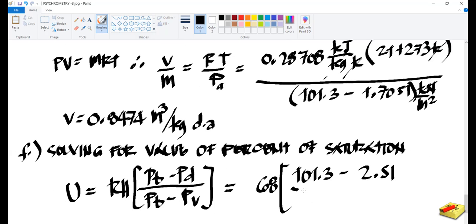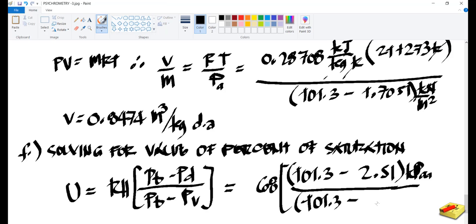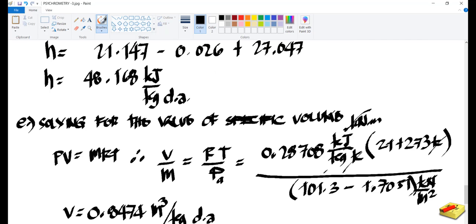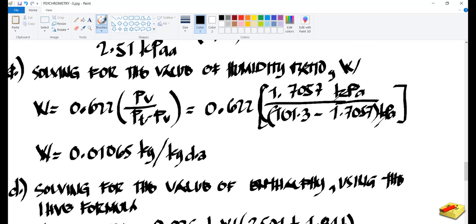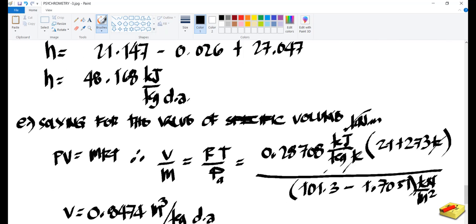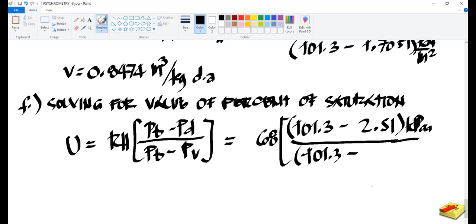Then divided by, so this is kPa absolute. Then divided by 101.3 minus the partial pressure of vapor, that is 1.7057 kPa absolute.